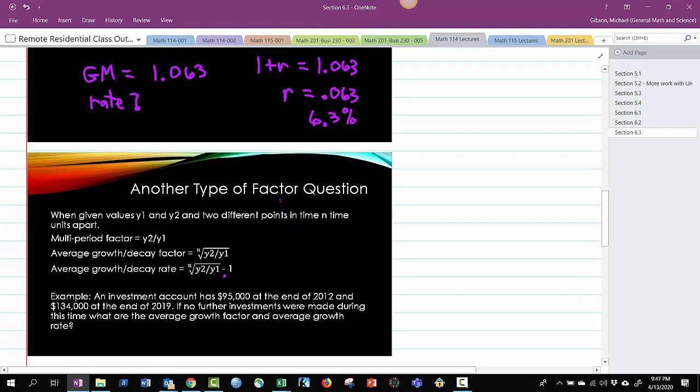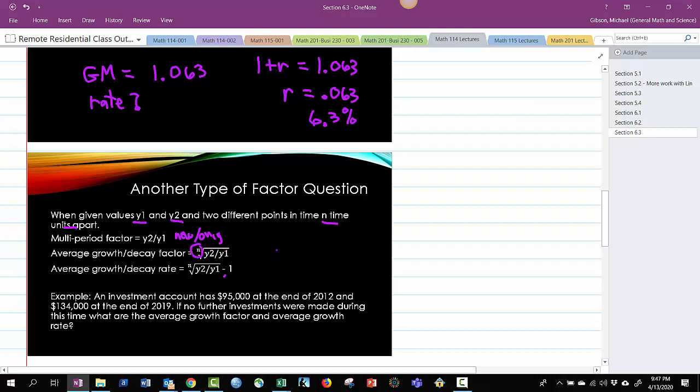Now, this other situation where we're talking about growth and decay is instead of giving you the rates and the factors, they're going to give you the values at 2 points in time, y1 and y2 we'll call them, 2 different points in time, some sort of n time units apart. What you do then is you take the second one, the new divided by the original, in our terminology we've used before, and then you're going to take the nth root.